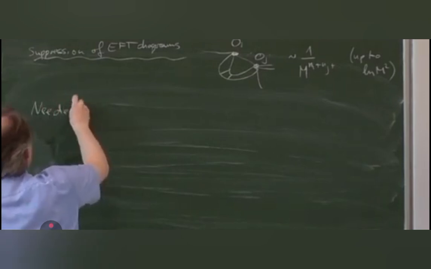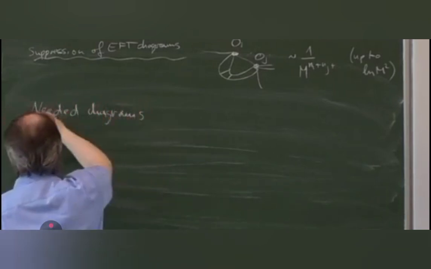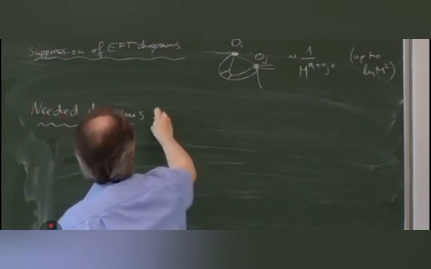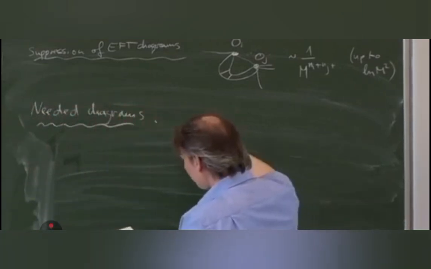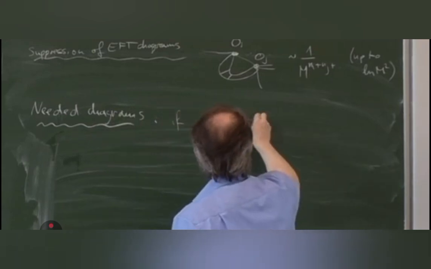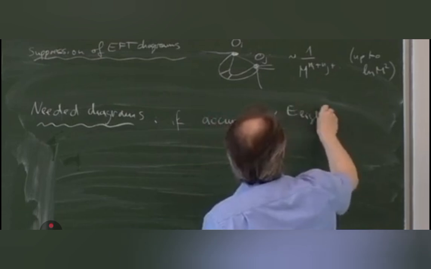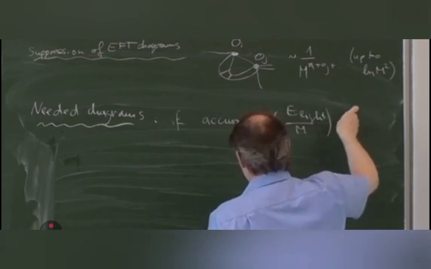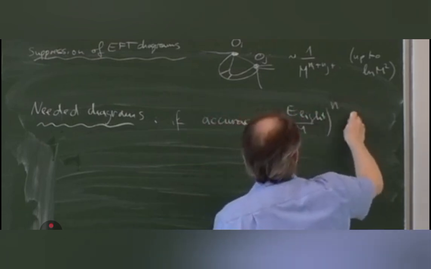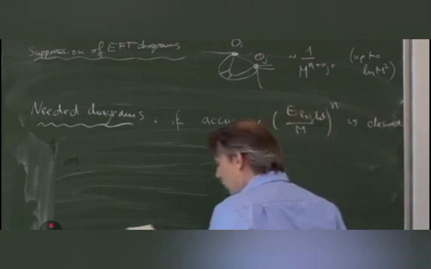But ignoring logarithms, the power law is just given by the naive multiplication of all the different dimensionalities of the vertices. And now we can analyze what diagrams are needed if you want to achieve a certain accuracy in your calculation. That is the final result for today. So let me write it down. If a certain accuracy, let's say E light divided by capital M to some overall power n, is desired, what do we need to do?